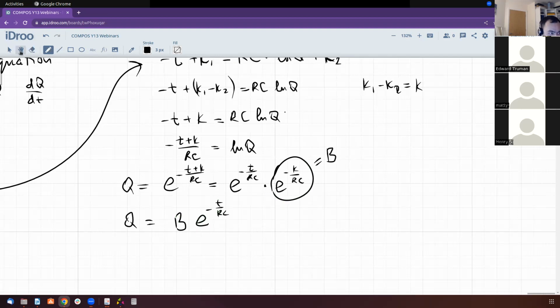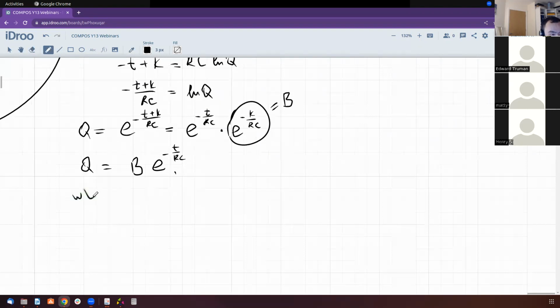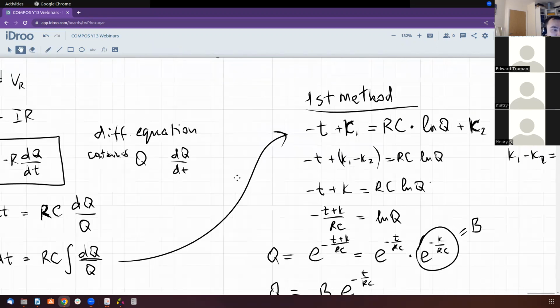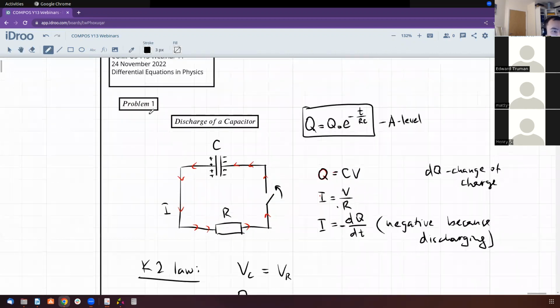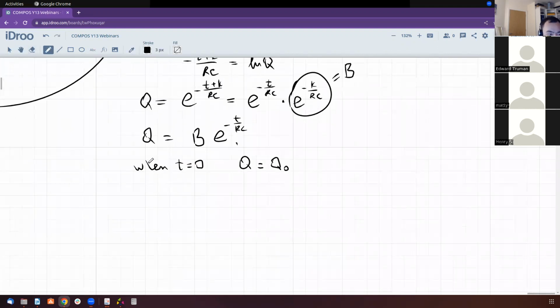So what is b? Well, to find b, we substitute. We know that when t is 0, q is q0. It's the initial charge. Initially, the charge on the capacitor is plus q0 and minus q0. So q0 is equal to b multiplied by e to the power 0.